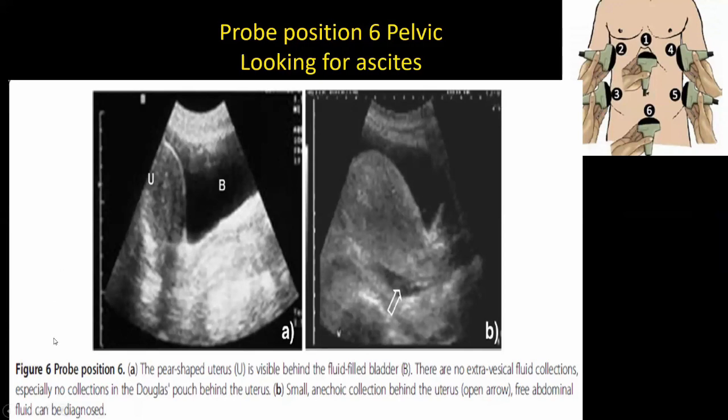What we will see in ascites is echo-free, so black structures behind the bladder of a male, and then behind the uterus, so in the pouch of Douglas, we'll see free fluid representing ascites.